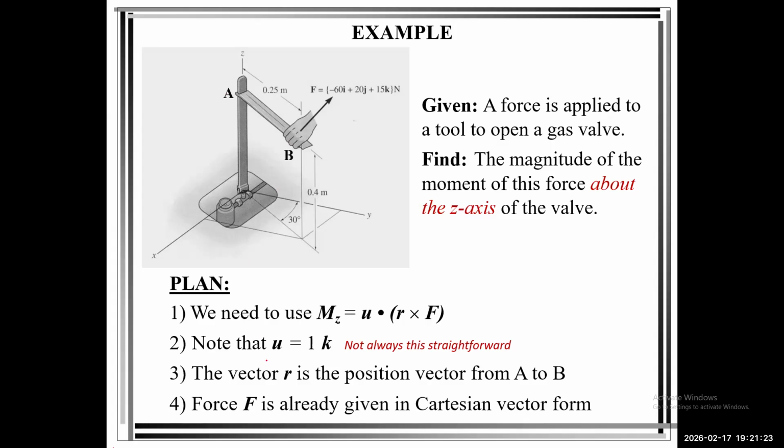The force is already given in Cartesian form. See it up here where the hand is. You're applying your force up there, turning the tool, and down here the tool is pulling the gas valve down at the point you can call O, at the origin.